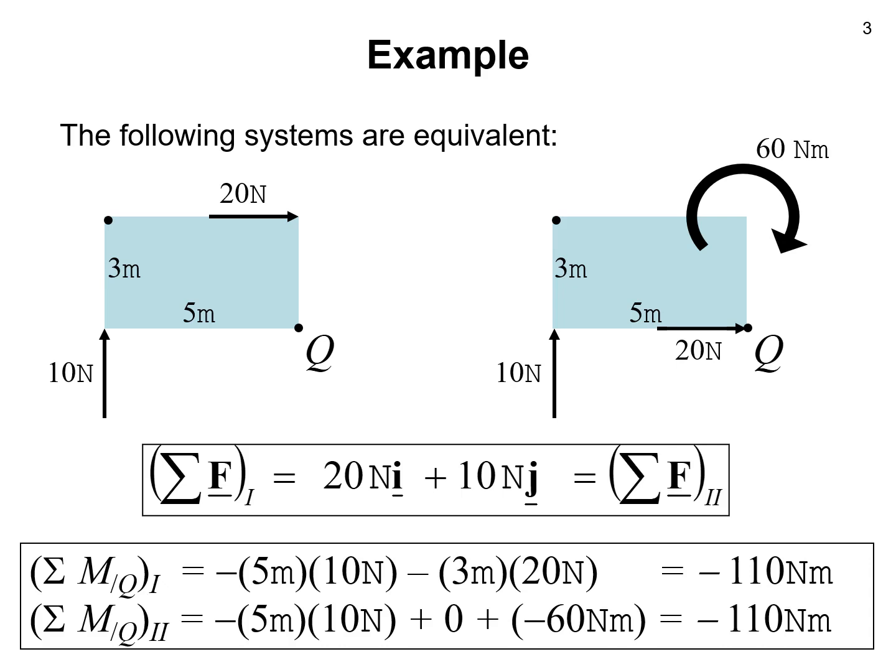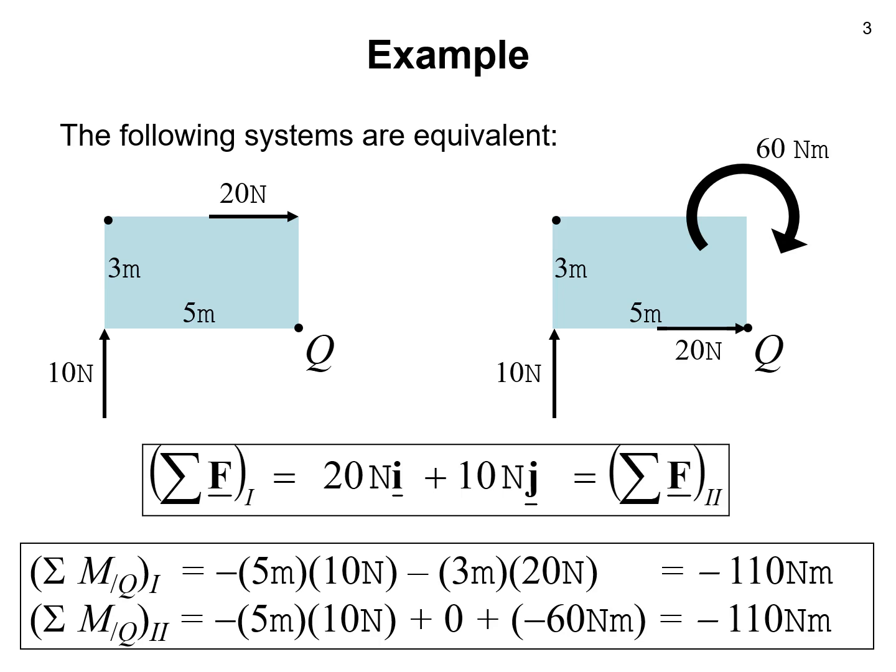For the sum of the moments about the point Q in case number 1, the 10 Newton force causes a clockwise moment, so there's a negative sign. It has a distance of 5 meters, so I have negative 5 meters times 10 newtons. And the 20 Newton force is also clockwise. It has a distance of 3 meters, so I subtract 3 meters times 20 newtons. I add that up and get negative 110 Newton meters.